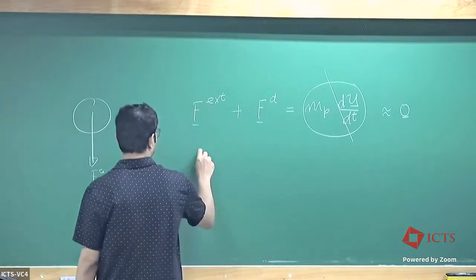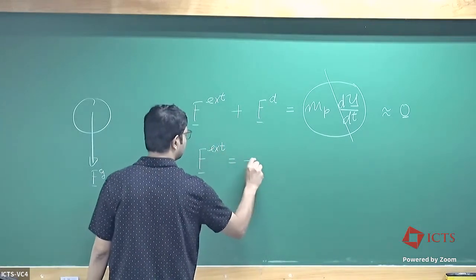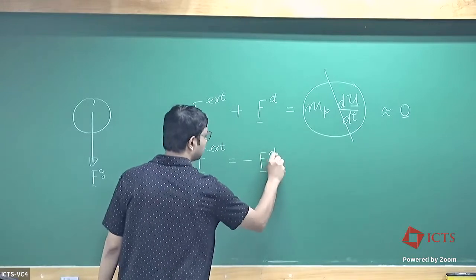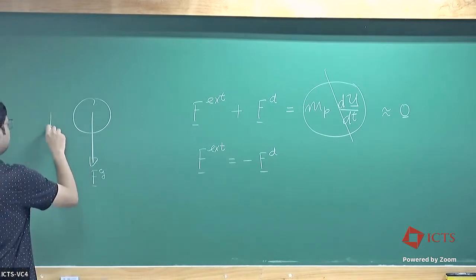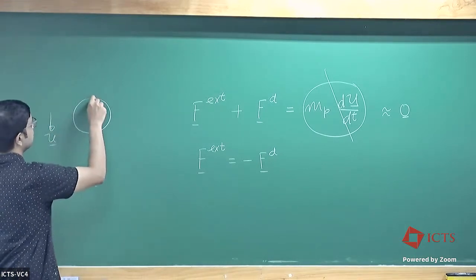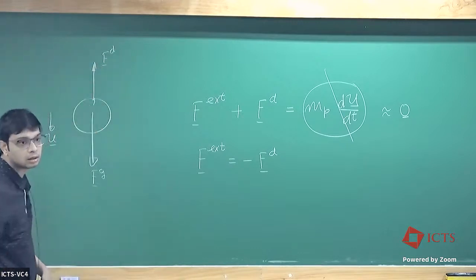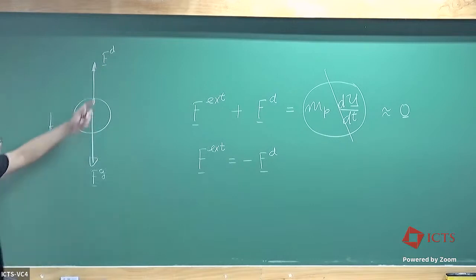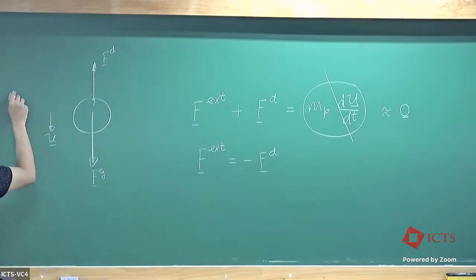So essentially you have this relation, F external equal to negative of F drag. If the force is acting in this direction and this guy is moving in this direction, then of course the drag force is going to act in this direction. If I write this in component terms, I take this to be the z-axis.